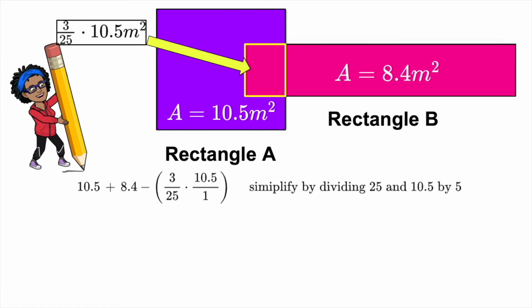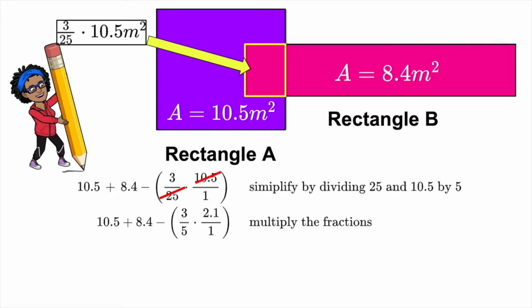Before I multiply my fractions, I notice 25 is divisible by 5, and so is 10.5. If I reduce that numerator and denominator by 5, I rewrote my fractions as 3 over 5 times 2 and 1/10 over 1.